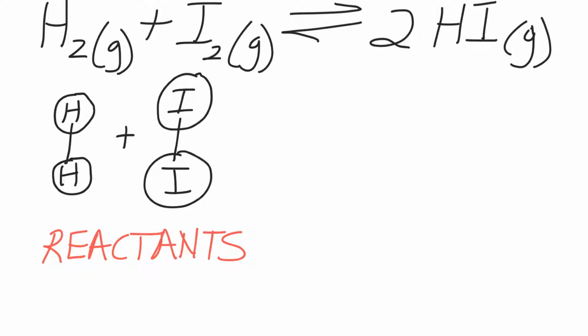We assume they have collided with the correct orientation and with sufficient kinetic energy, which is activation energy. Now, before they make products, there's an important stage that I'm going to show you over here with square brackets.